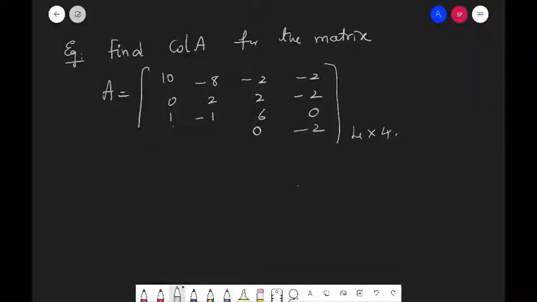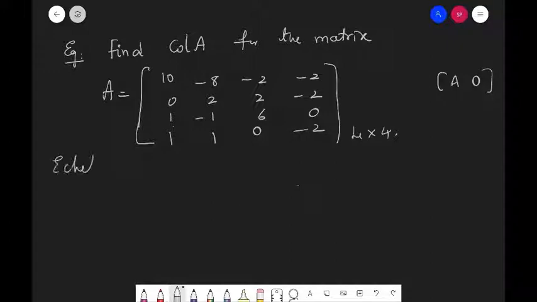Now let us look at this example, that is, find column space A for the given matrix A, which has 4 rows and 4 columns. Now according to this procedure, we have to consider the augmented matrix [A|0], the same way we did for null space. We have to reduce it to echelon form.